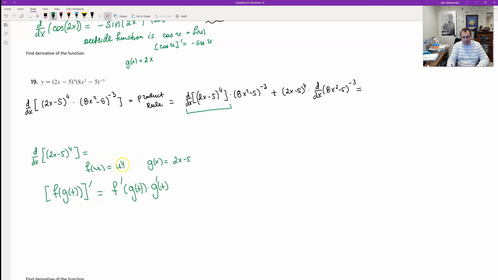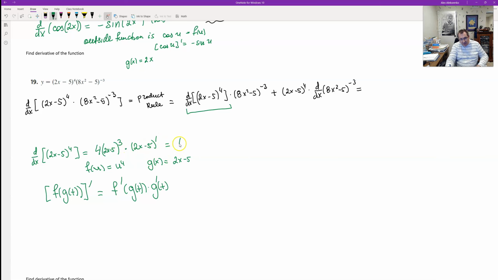So let's get started. First we apply the derivative to function f. We will have 4u raised to degree 3. Except I don't really need u. What I need is the function g here. So it's going to be 2x minus 5. Then I will take 2x minus 5 over here and differentiate.